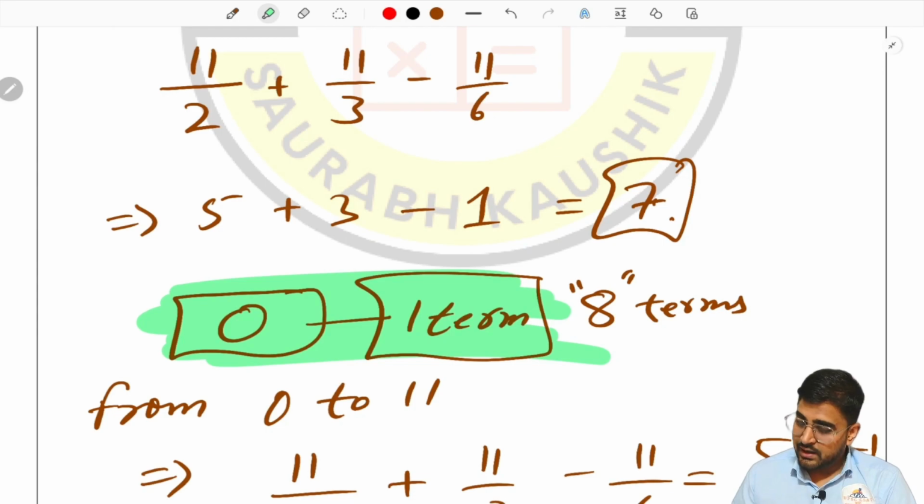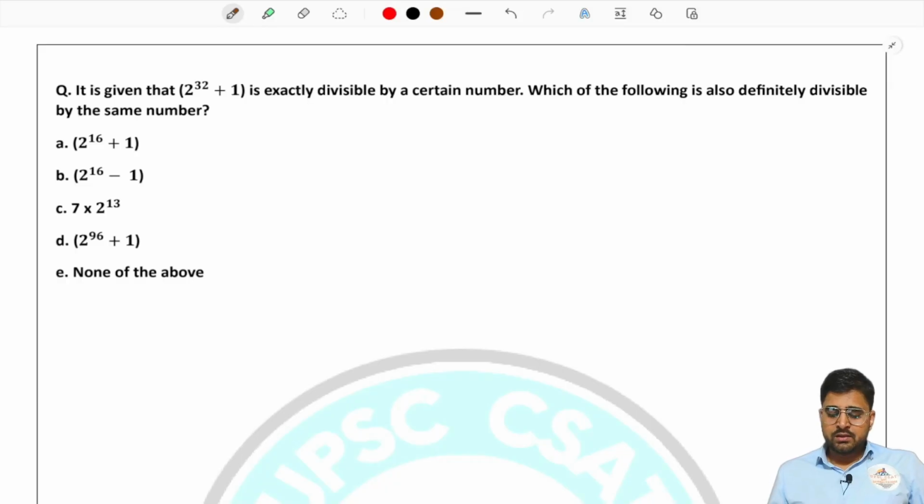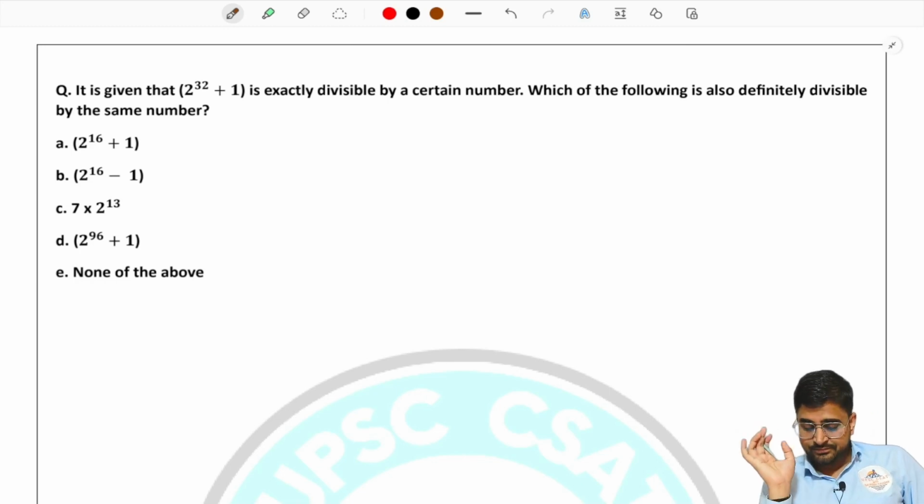Okay, let's move to the next question. Now, this is also a very good question. There is a very high possibility that you will find this kind of question in your examination. It is basically an expression based question.